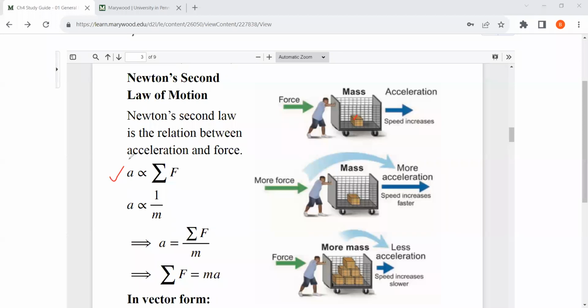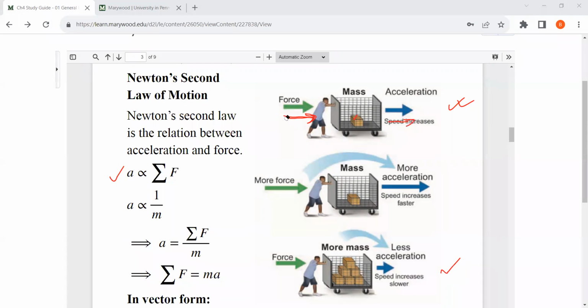Now the second relation. To understand it, we have to compare the first picture with the third picture. We already know what is going on here. We apply a net force, which is not equal to 0, and because of this force the object accelerates.